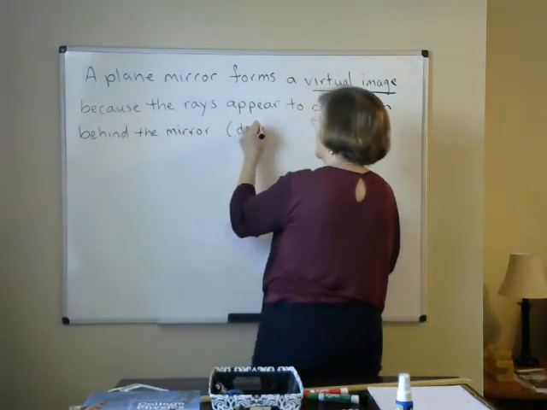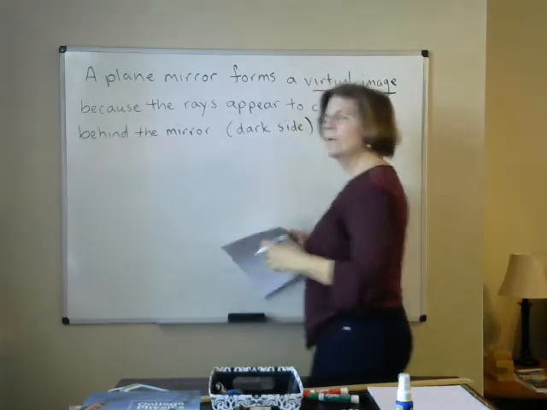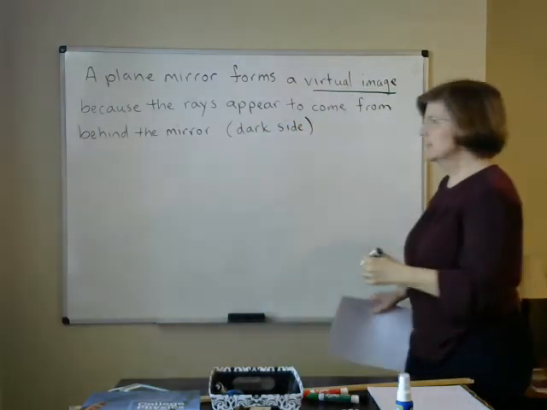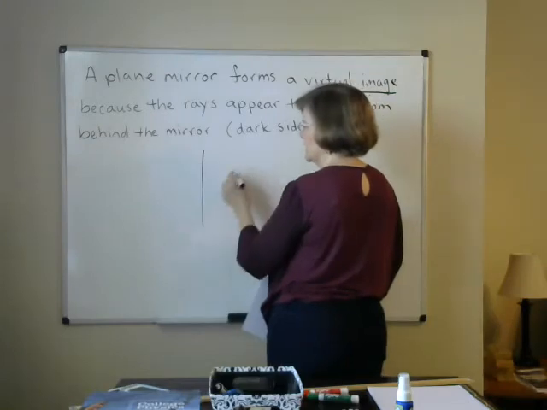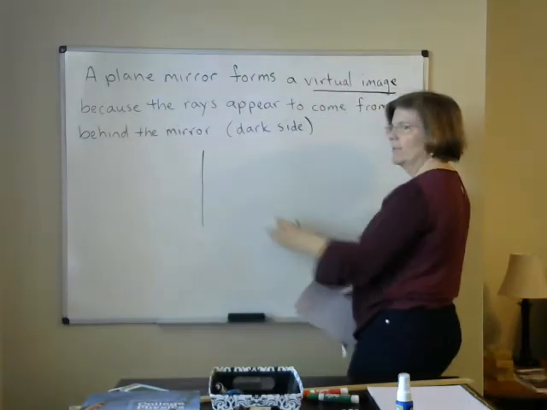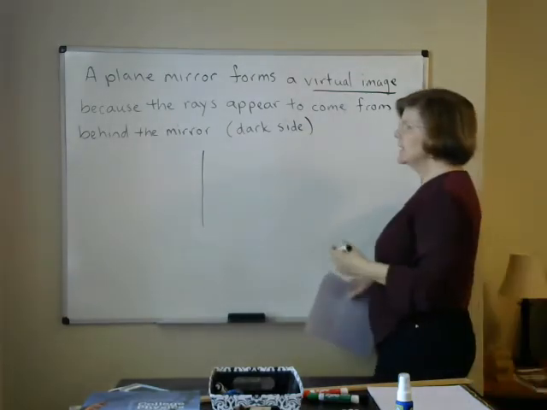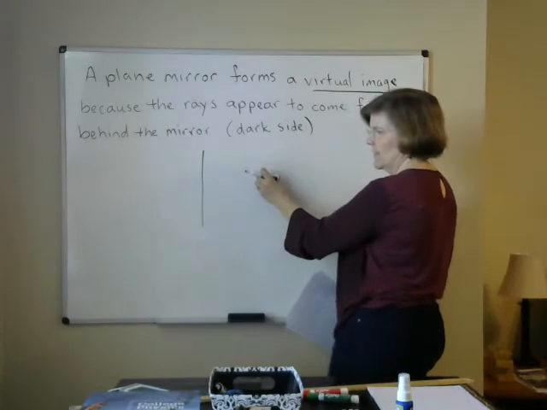That dark side. We know there's no actual light rays. If I have a mirror and I see an image back here, there's nothing really back here. That's actually probably glued to the wall in my bathroom, okay? It just looks like light's coming from back here.